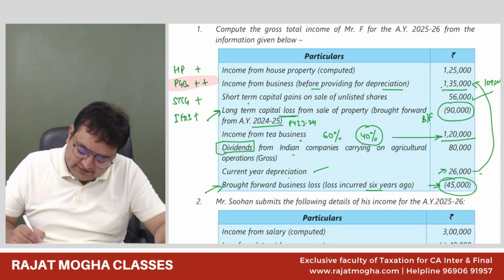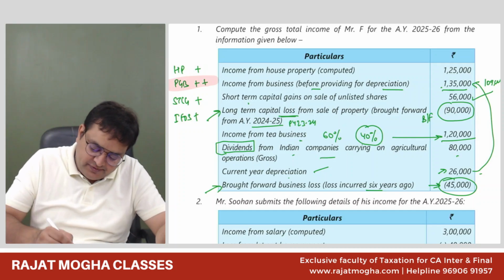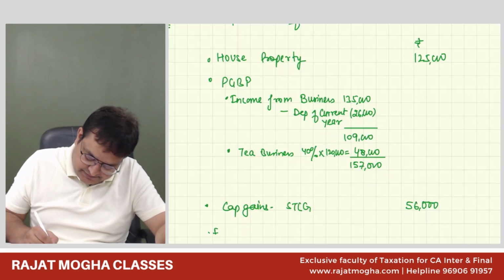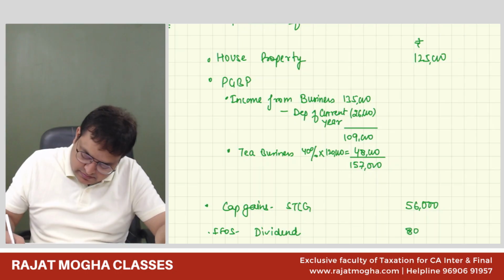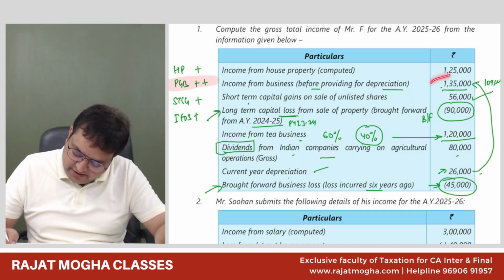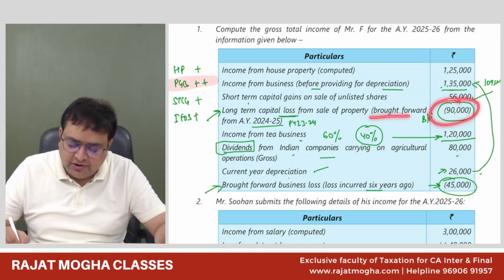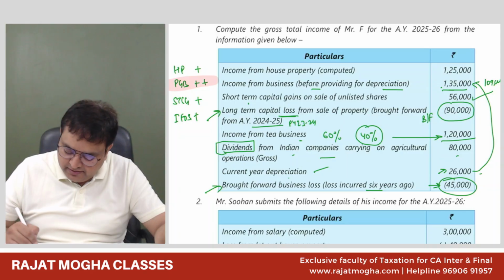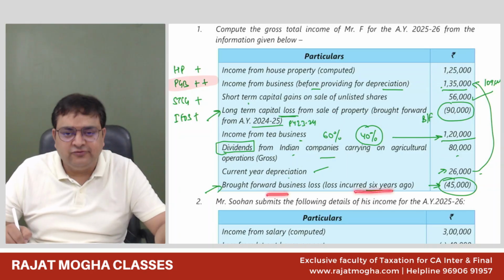Then we have IFOS income, dividend income, 80,000 rupees. So we are done with these. Now the brought forward losses: long-term capital loss cannot be set off, but business loss is of the last 6 years, so it still has time.